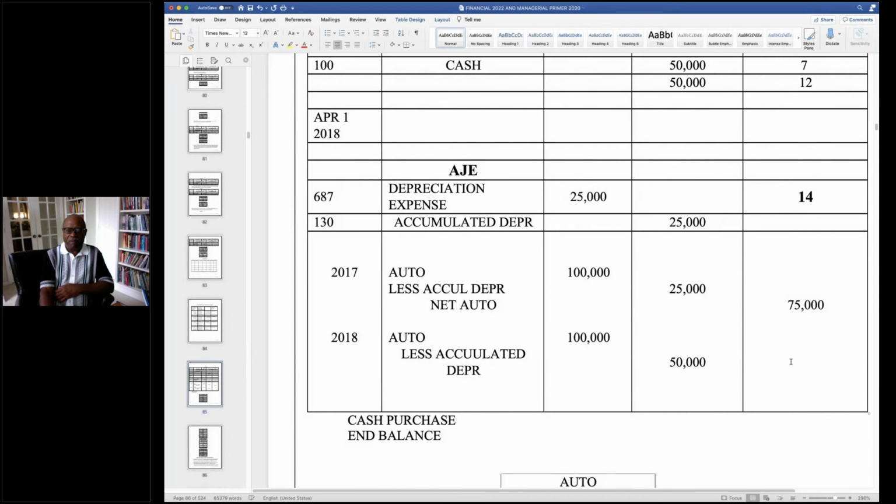So if you look at your chart of accounts, what kind of account is accumulated depreciation?